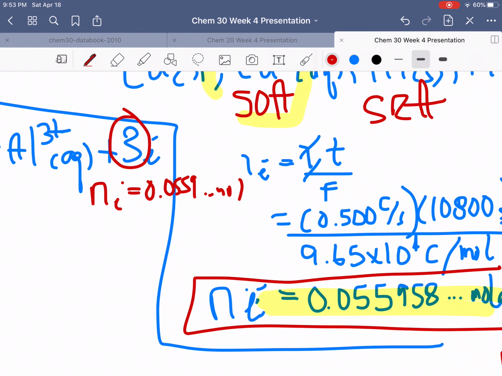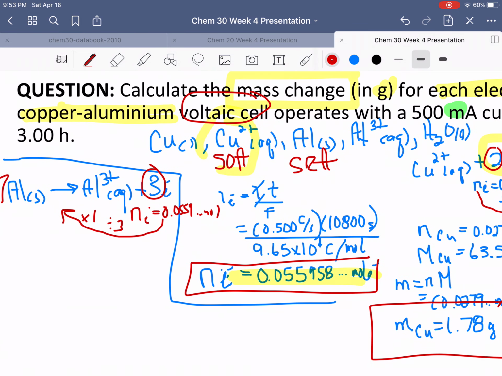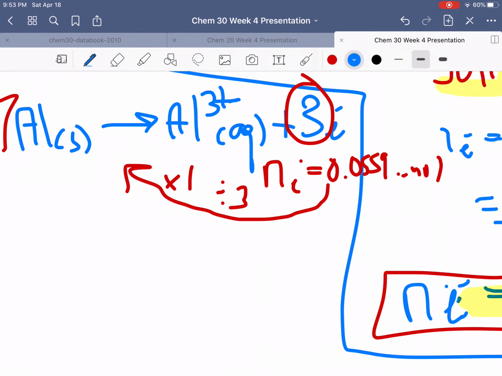Okay? So my N of electrons here is equal to what I found before, 0.0559 ... moles. I take that and I can relate it to the aluminum solid. So divide by 3 times by 1. When I take that N value and divide by 3, we get a new value, N equal to 0.01865 ... moles.